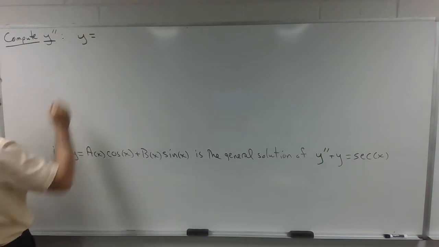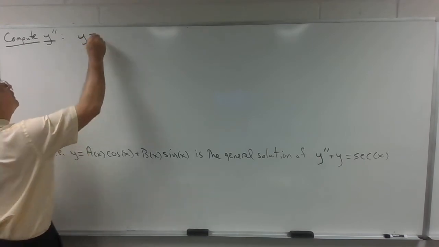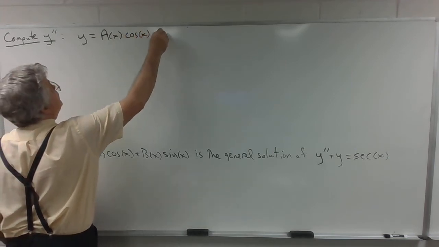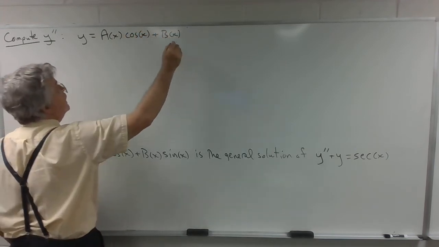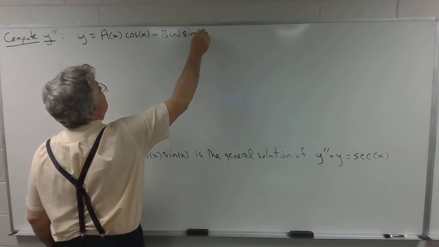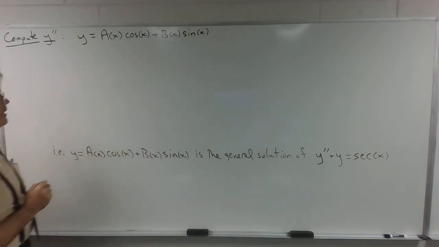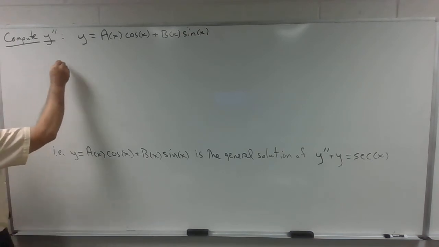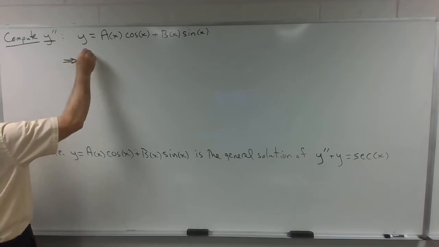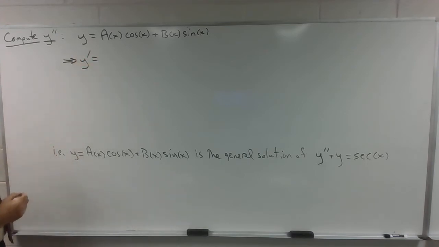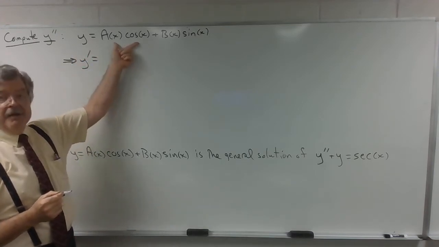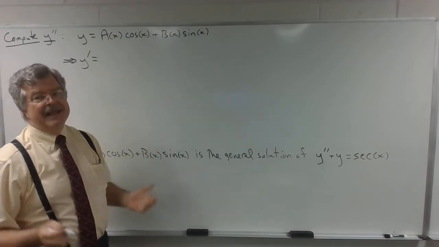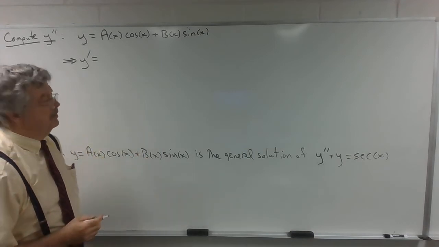We have y equals a of x cosine of x plus b of x sine of x. And before we can get y double prime, we have to get y prime. And son of a gun, we've got a product here. We've got a product there. We have to use the product rule.